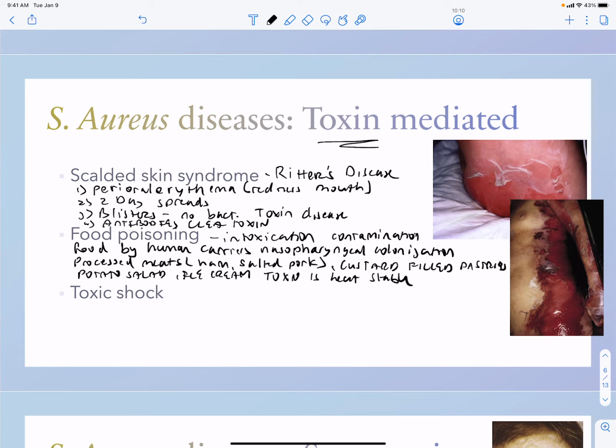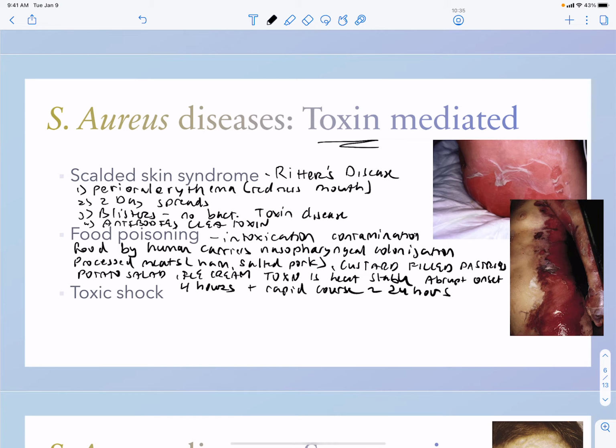Now, this is going to have an abrupt onset, about 4 hours. And this is because the toxin's already made. And it's going to have a rapid course. Approximately 24 hours, it'll be over.